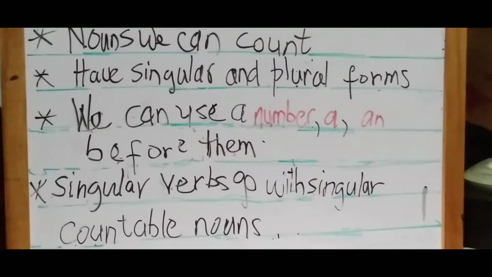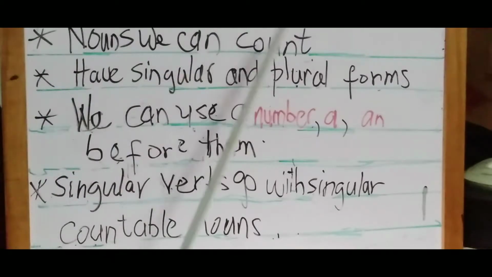Now these are some important information that you need to bear in mind when you are dealing with countable nouns. And first of all, countable nouns deal with things. First thing you need to bear in mind is that countable nouns are nouns that we can count.